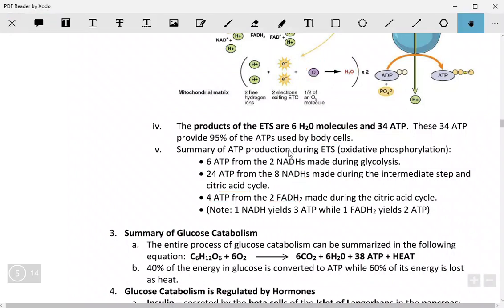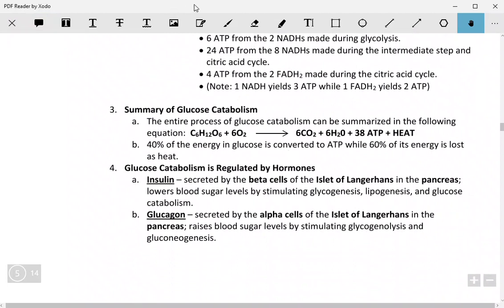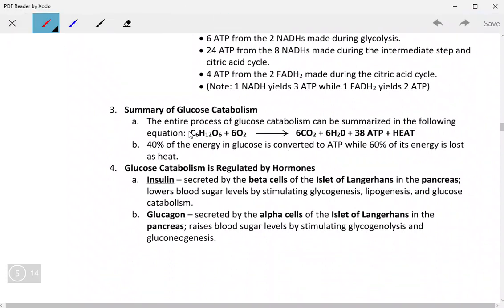So finally, I want to say this to you. For every glucose molecule, how many ATP will our body cells produce? It will produce up to 38 ATP molecules.